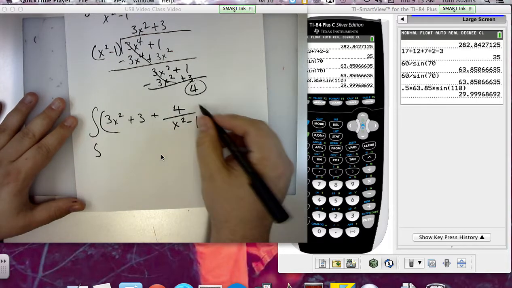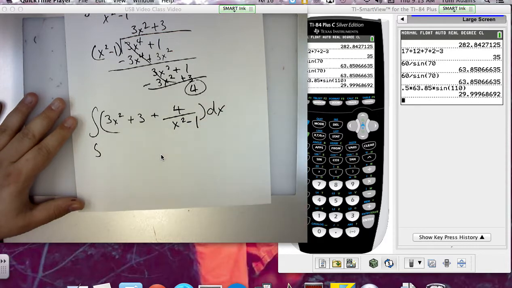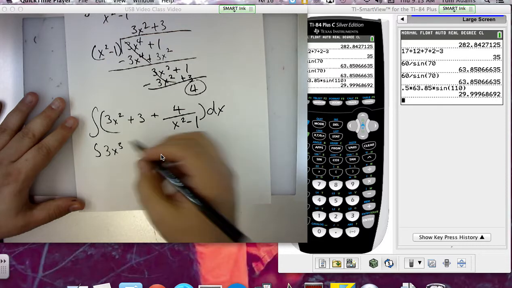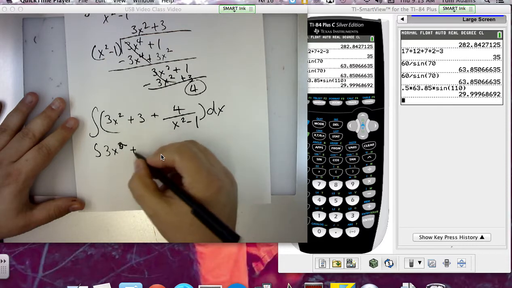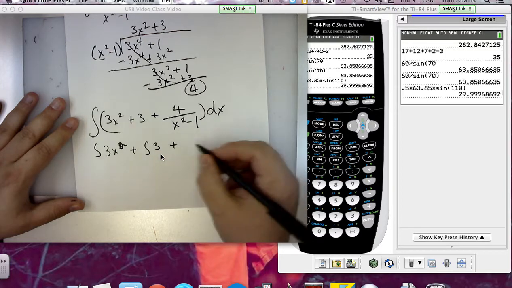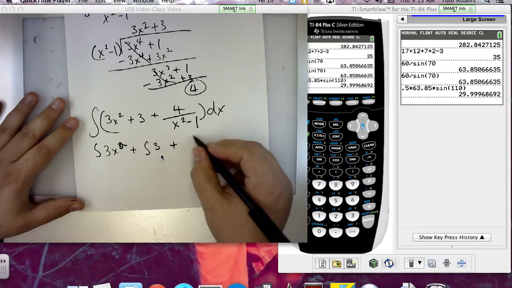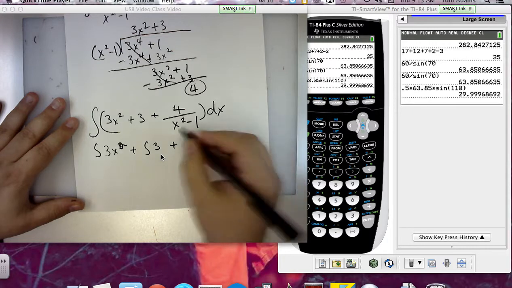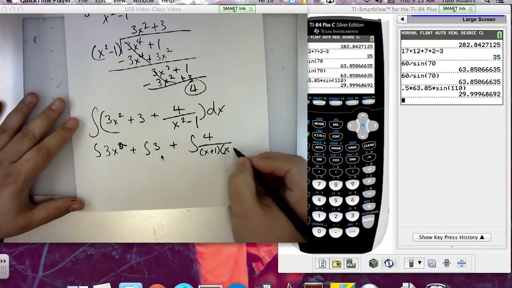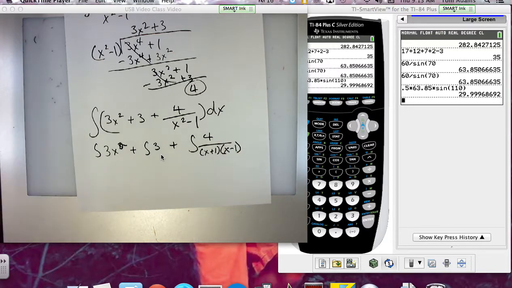So if I think of this in terms of integrating that as a function, I could take the integral of 3x squared, plus the integral of 3 plus the antiderivative of 4, but now I'm going to factor it and get x plus 1 times x minus 1.